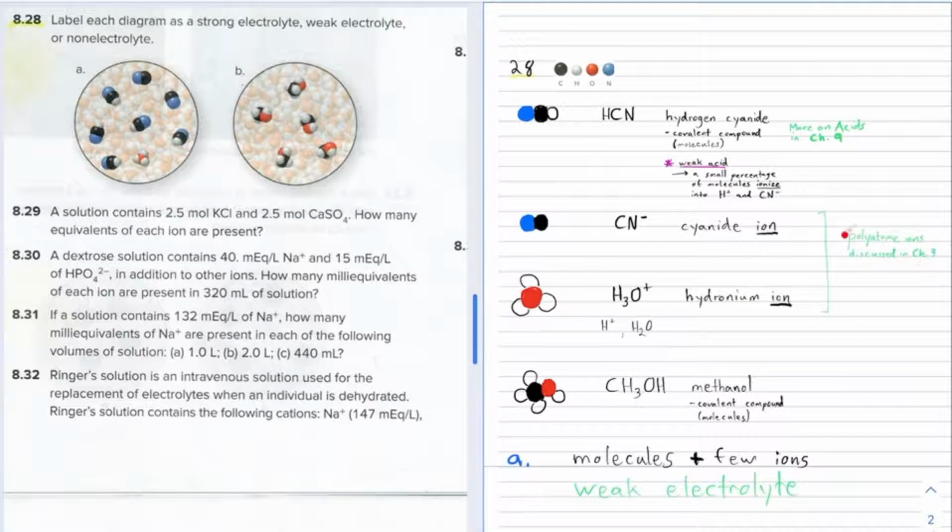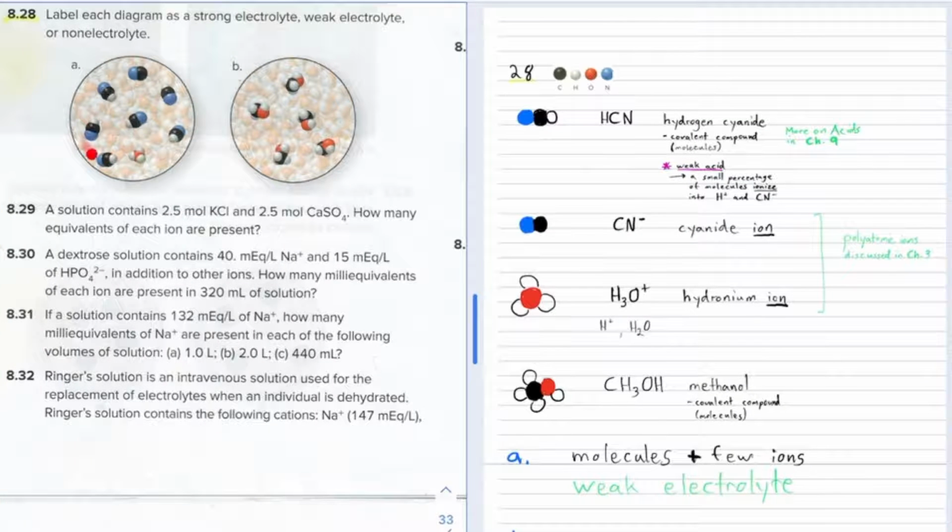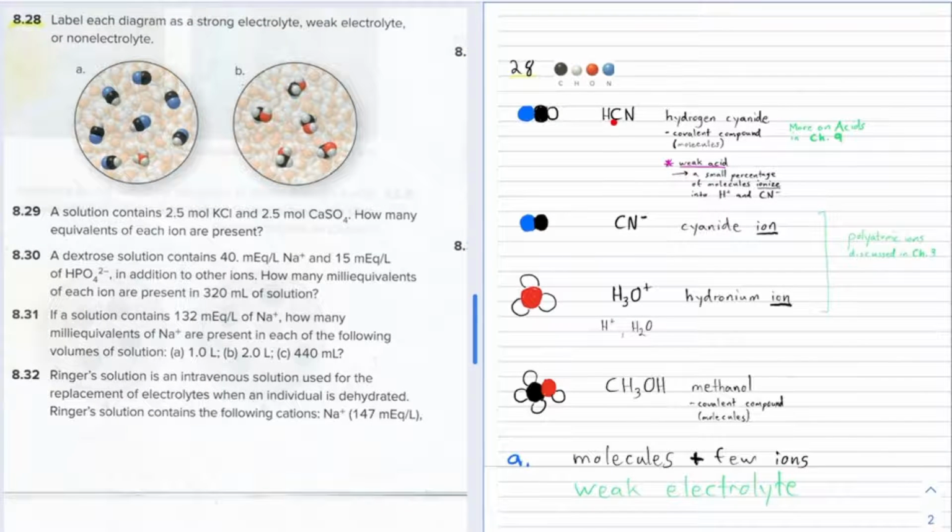We learned about polyatomic ions back in Chapter 3, and you should, if you need to, go back and look at that chapter. You should see the cyanide ion. Now, there's not many cyanides in here. There's only one. And in weak acids, when they dissolve in water, they only ionize a little bit. So for every 100 of these molecules, you might get one cyanide and one corresponding proton.